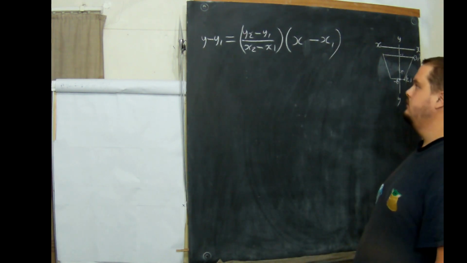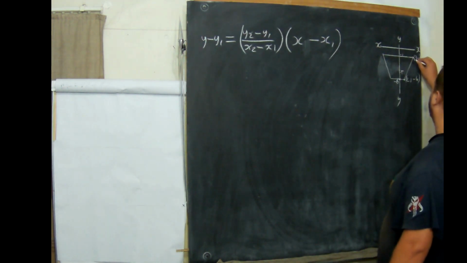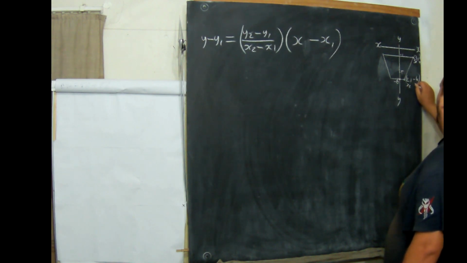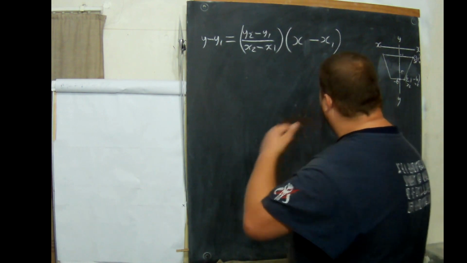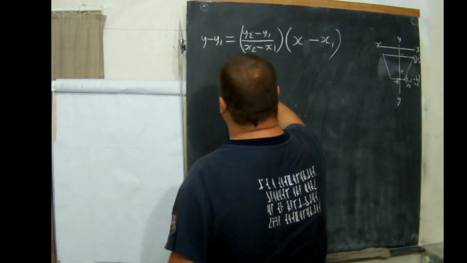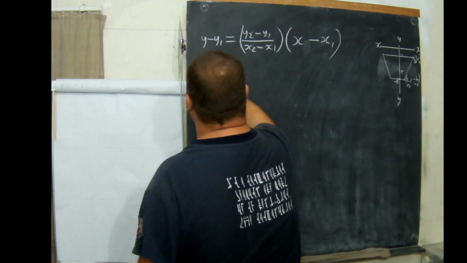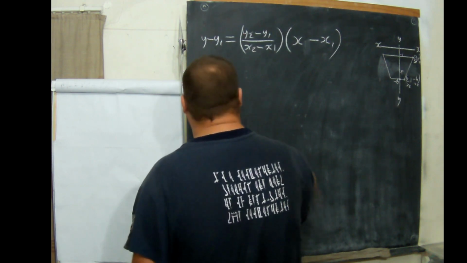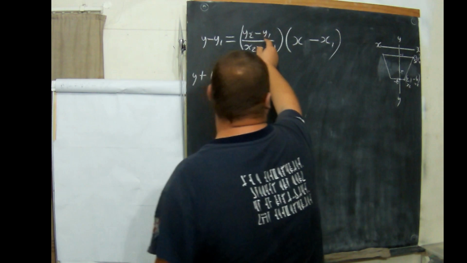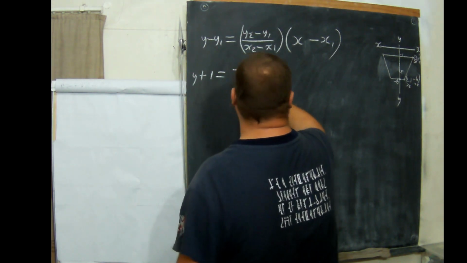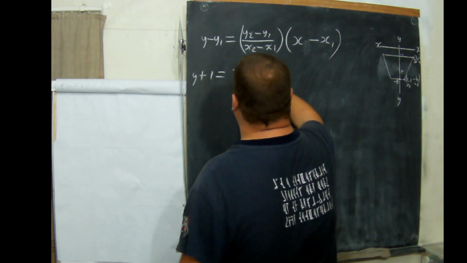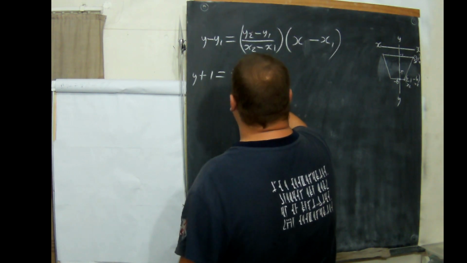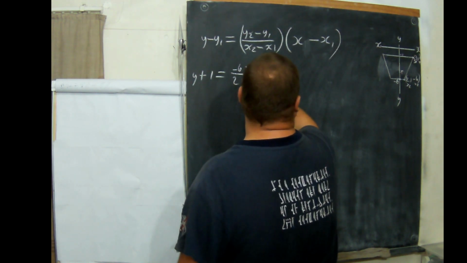Okay. So, what we have now, this is x1, y1, x2, y2. y1 is minus 1, so minus y plus 1, so it's y plus 1 equals, now y2 is minus 6, minus minus 1 or plus 1, all over x2, which is 2 minus 3.